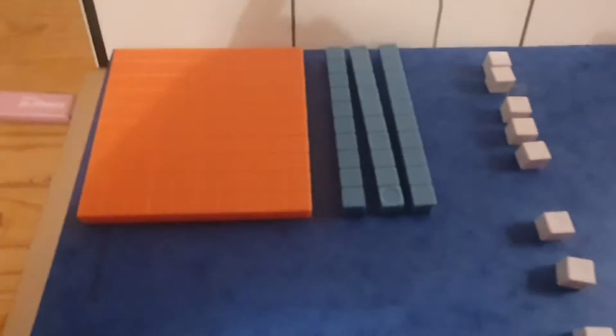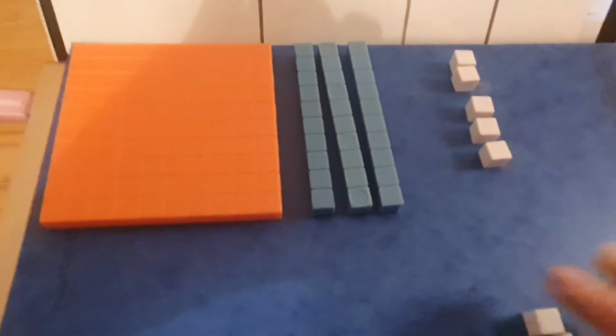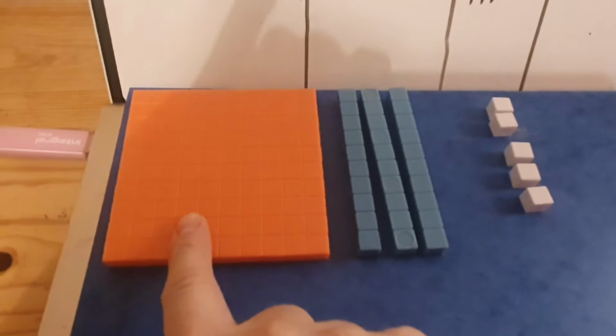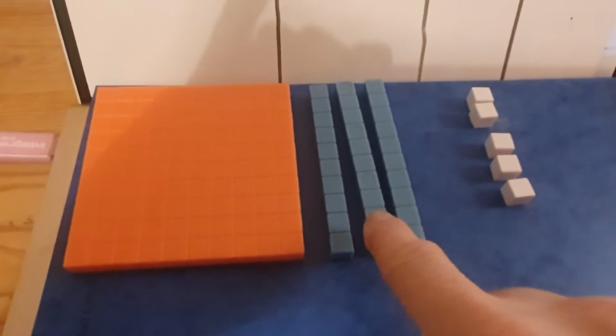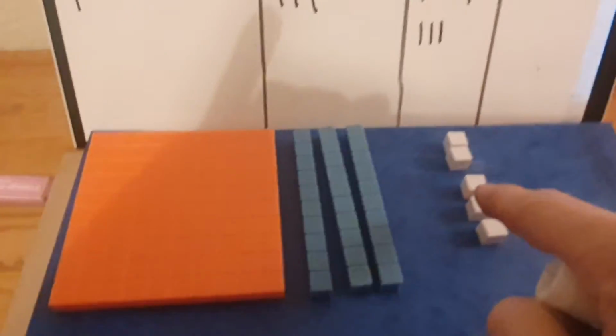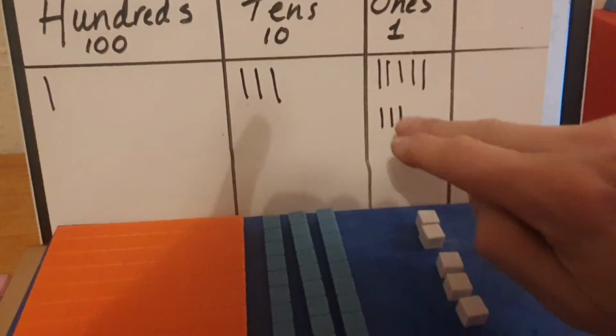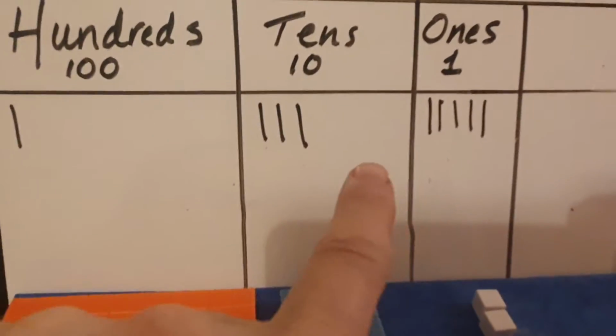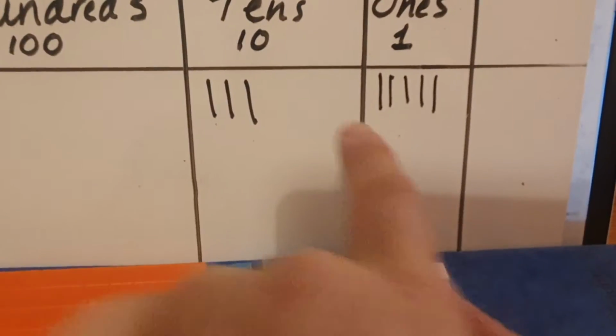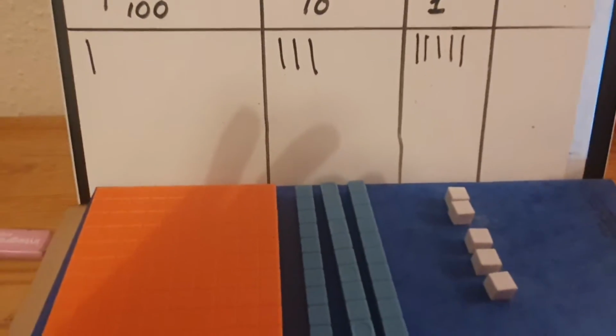And to begin with, you can see I've just represented that with a 100 square with a rod of 10, so 3 rods of 10 and 5 individual ones. And if I show that there, I can see I've got 100, 3 tens and 5 ones. That is 135.